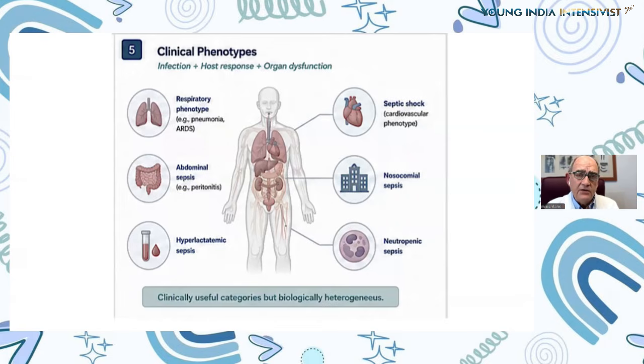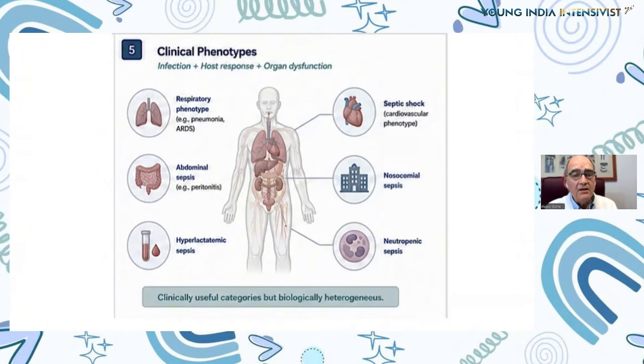Focusing on the clinical phenotypes, we have to look at the infections, the host response, and the development of organ dysfunction. As you can see from this slide, when we speak about organ dysfunction, we refer to all the different organs. We have a respiratory phenotype, clinically speaking, that includes patients, for example, with pneumonia and ARDS, septic shock with a cardiovascular phenotype, where there is a cardiovascular failure, including the circulation and the heart at the same time.